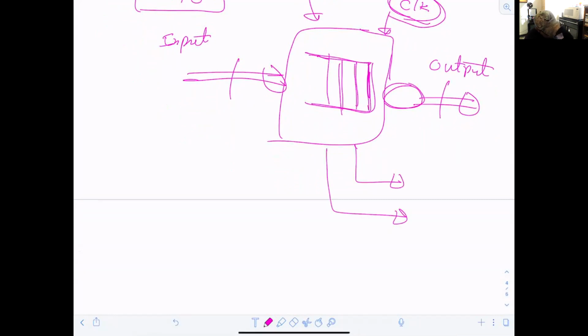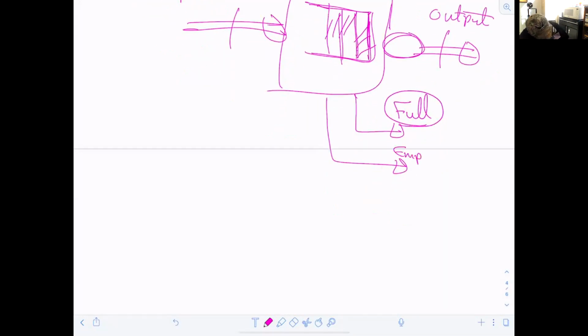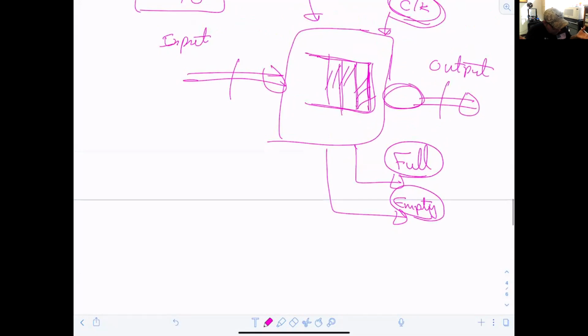So for instance, if I use all of the locations inside this block, I have to inform the user that I'm full. So I need a full flag as a status flag, telling me that I cannot put more data into this device until something is cleared up, right? Then I need another flag, called empty. When I'm empty, that means all the possible locations inside this pipe are completely empty.